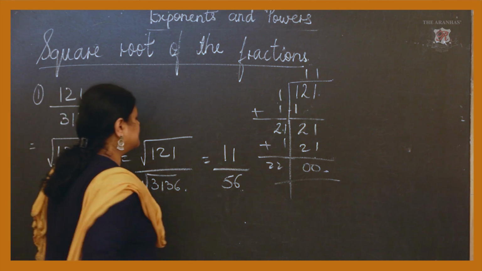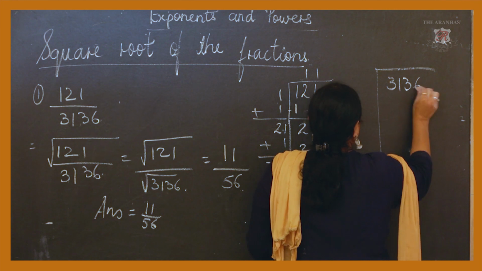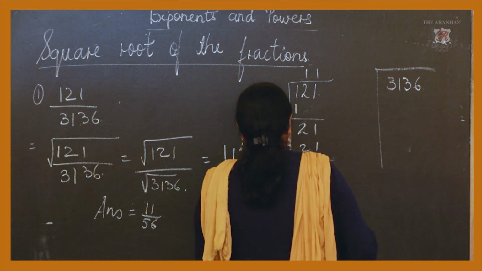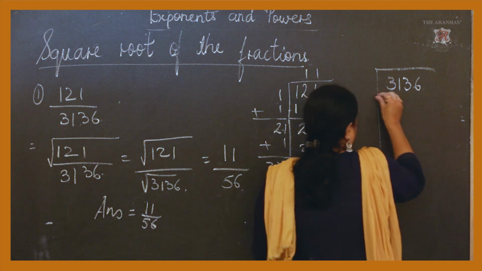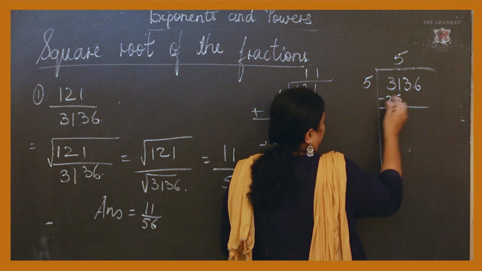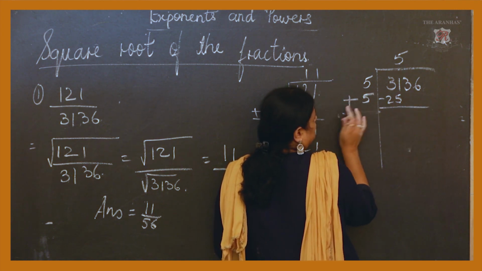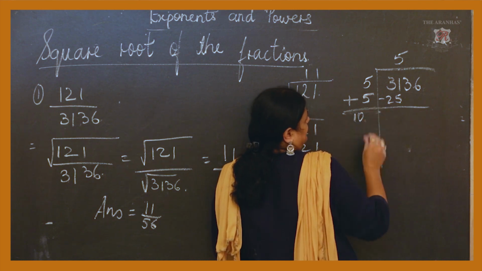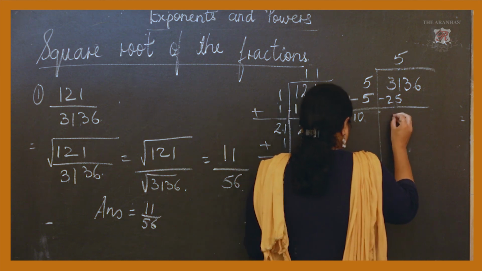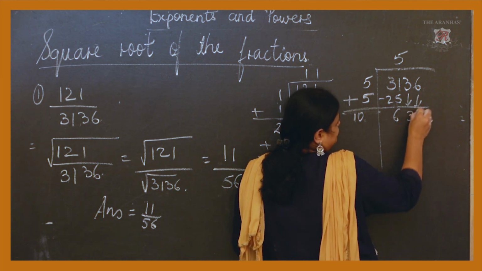Now how have you got this 56? Now you have here 3136. So now here you will be taking that particular number. 5 5s are 25, plus 5 will give you 10. 31 minus 25 will give you 6, and this 3 and 6 will come down.